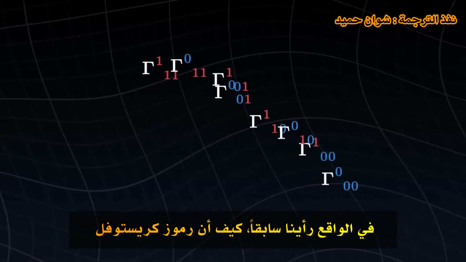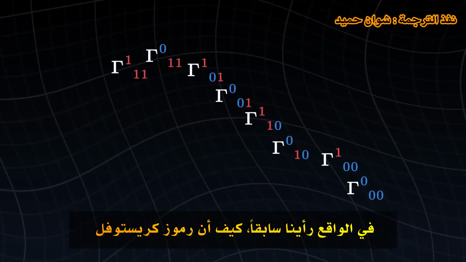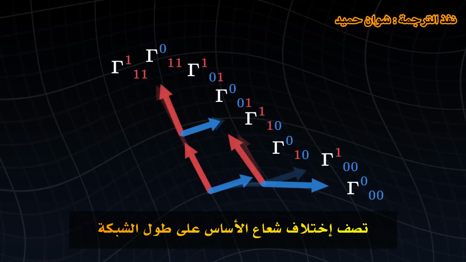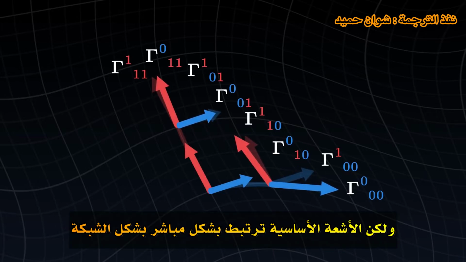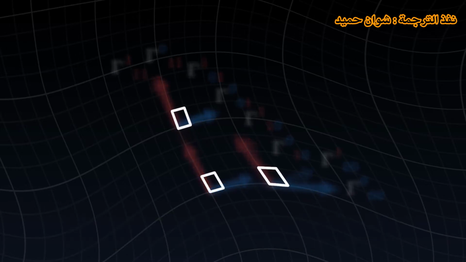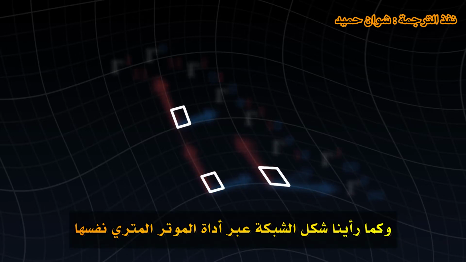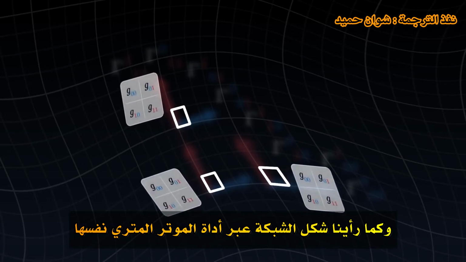Indeed, we previously saw that the Christoffel symbols describe how basis vectors vary along the grid, but the basis vectors are directly related to the shape of the grid. And as we saw, the shape of the grid is expressed through the metric tensor itself.